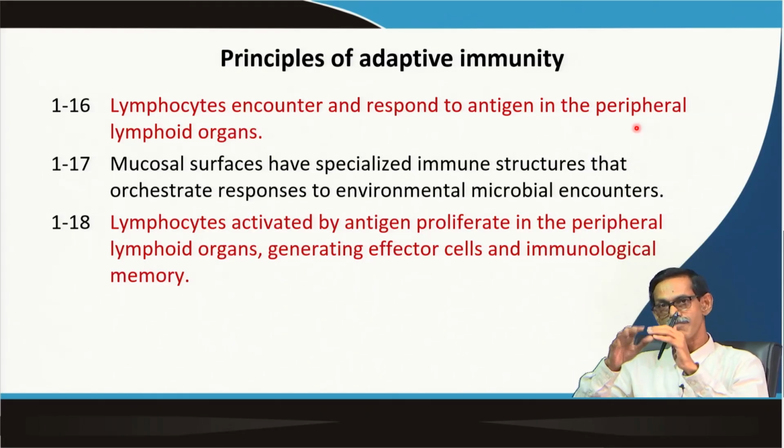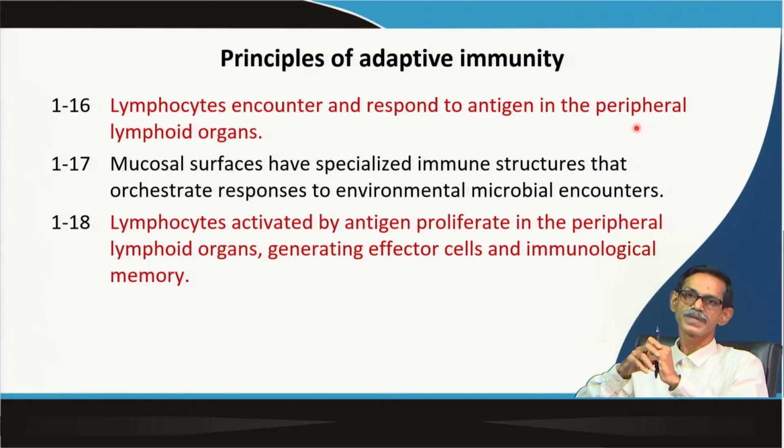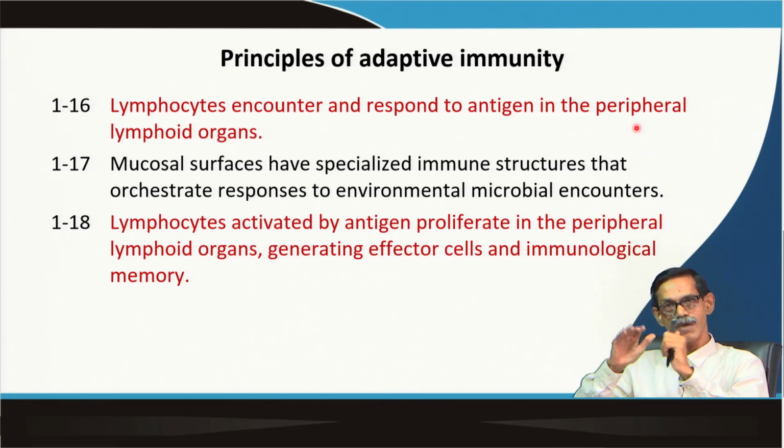We do not completely know the mechanism of how they remember the pathogen structure or proteins; it is not completely known. That immunological memory protects us from future infection. So, this is the outline of adaptive immunity. In the next class we are going to discuss these points in slightly more detail.